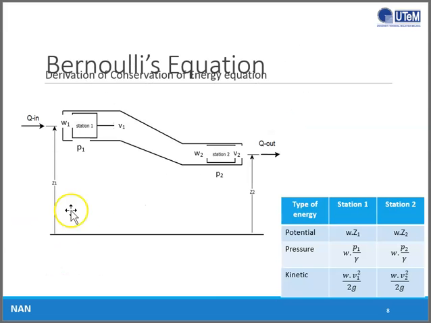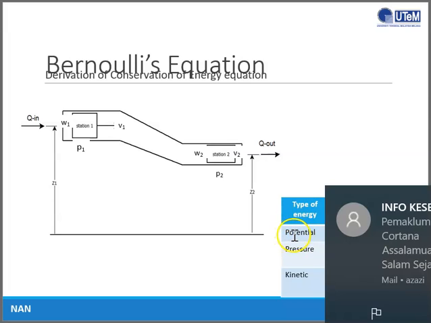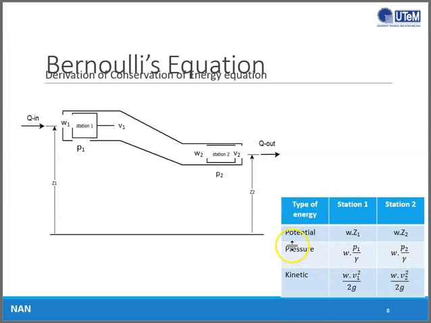Okay, and this is the Bernoulli equation. There are different elevations Z1 and Z2, and this is the formula for station 1 and station 2. The formula for potential, pressure and kinetic.